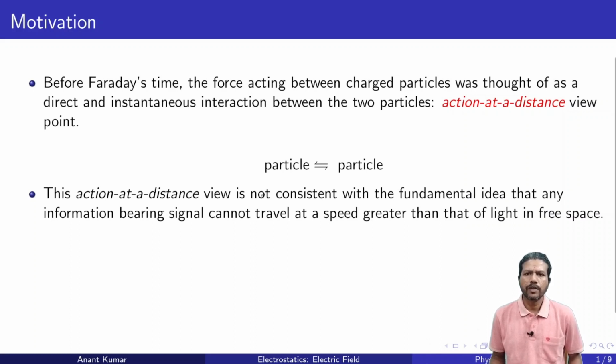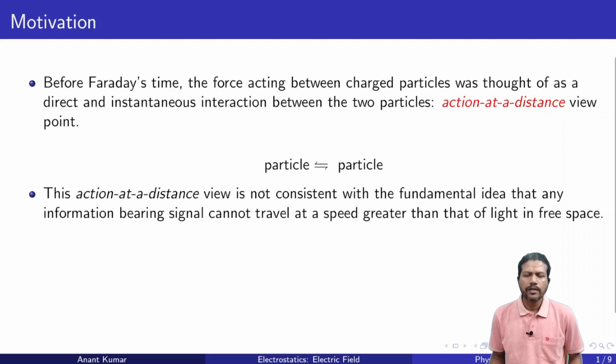So what happens if the sun vanishes abruptly? How will the earth move? Because the sun is no longer there, if we assume that the action at a distance picture is valid, then the earth should leave the circular path and go tangentially. However, there is a problem.